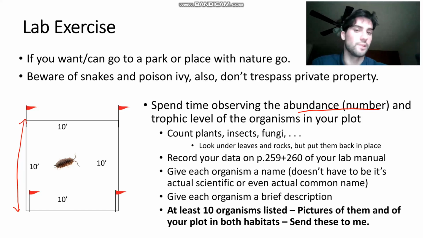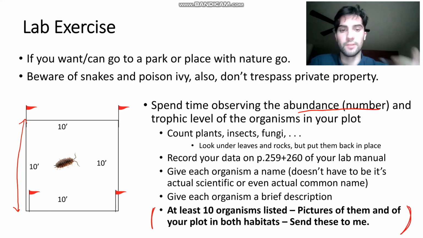Animals being insects, right? You need to find at least 10 organisms and take pictures of them to send to me in your report for the lab, and also submit those in iNaturalist if you want. And iNaturalist will also help you to identify species.